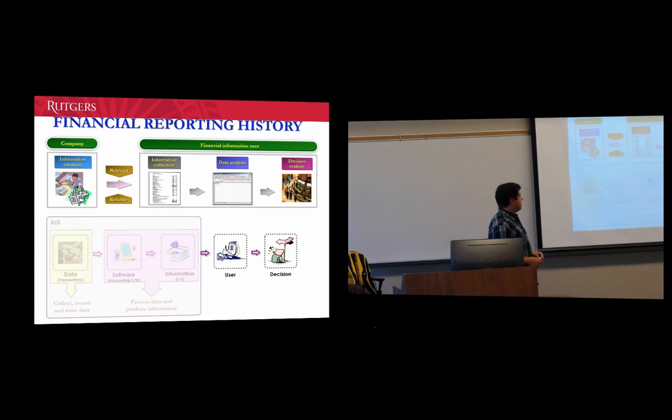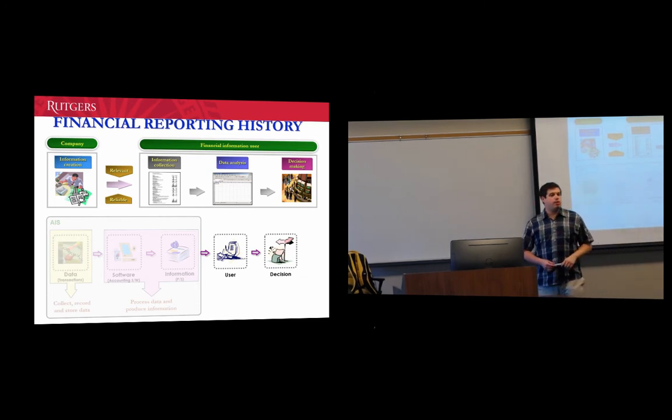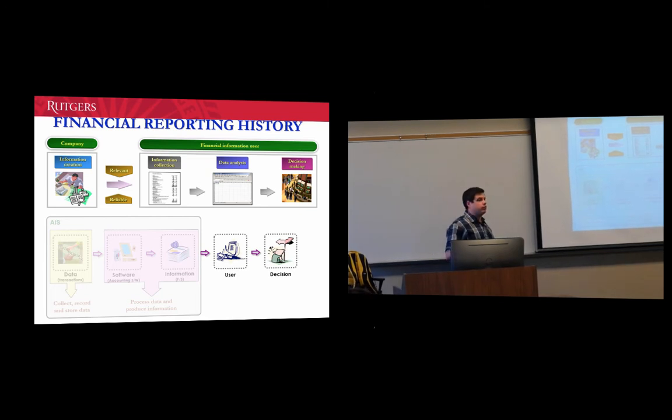So what AIS does, which is what I study here, is we take this data, the transactions, we use software and the financial statement information, and we can process the data and draw better conclusions about the information, and we can also produce new information about the company. Right? And this, again, gets forwarded to the users and their ability to make decisions.